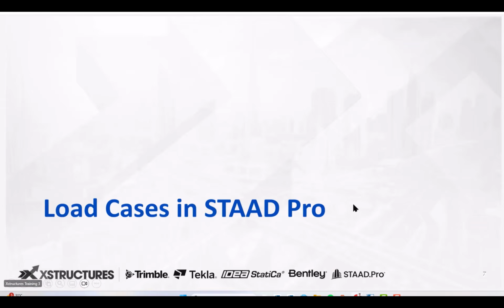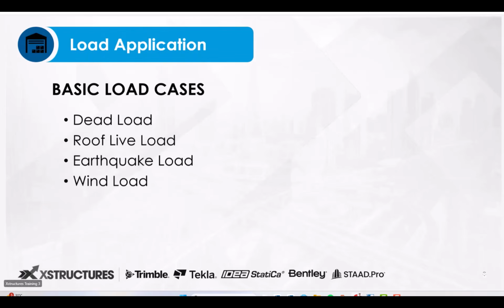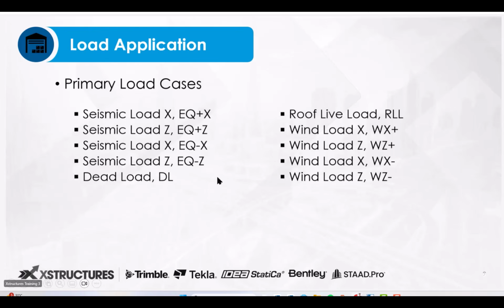So this time, I will now be proceeding with the load cases using STAAD.Pro. For this particular structure, I will be incorporating both lateral and gravity loads, which comprise the following: the dead load, roof live load, the earthquake load, and the wind load. In STAAD.Pro, the primary load cases are as shown.